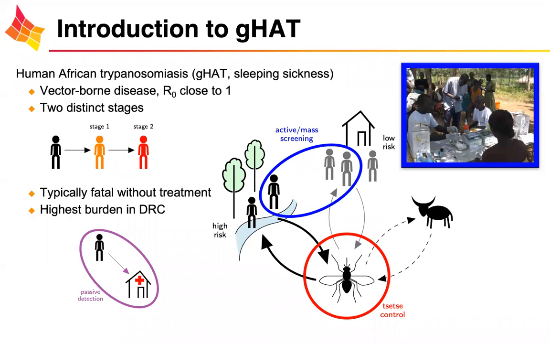Diagnosis and treatment are done through two different processes. People can go to medical centers if they have symptoms, or there are also some mobile teams that go to villages at risk and test people who volunteer to participate in the program.